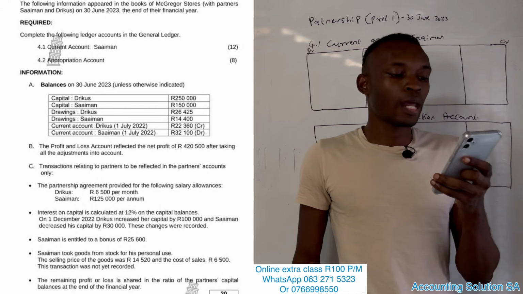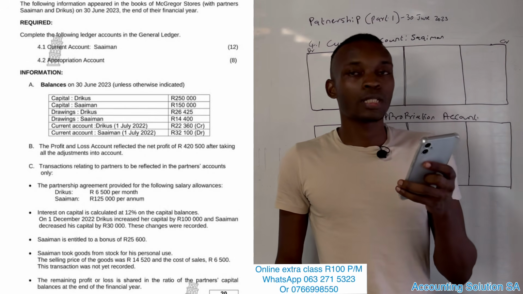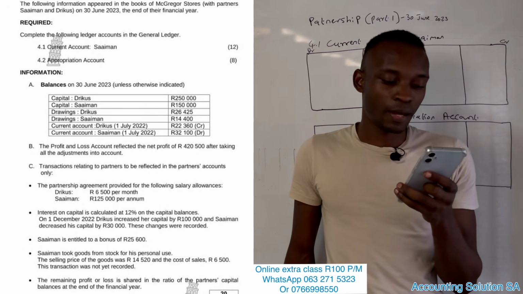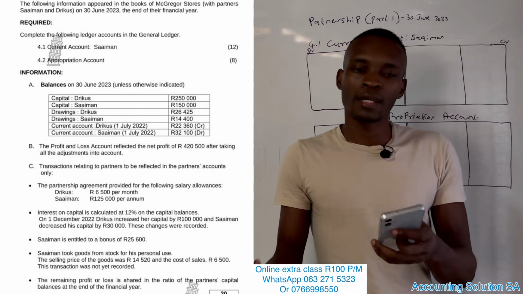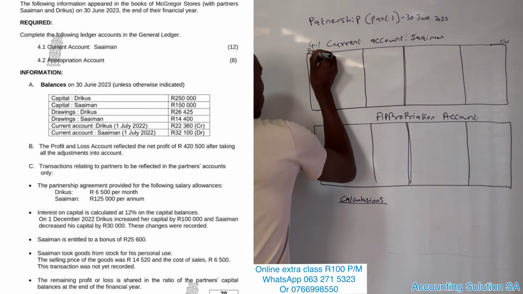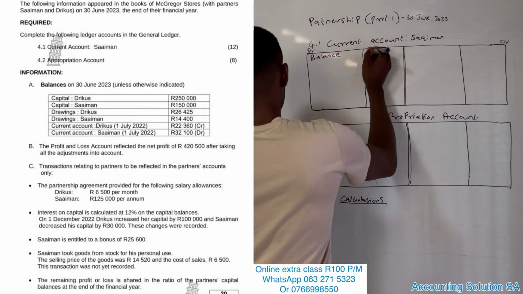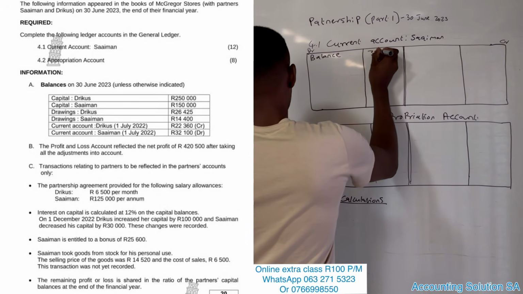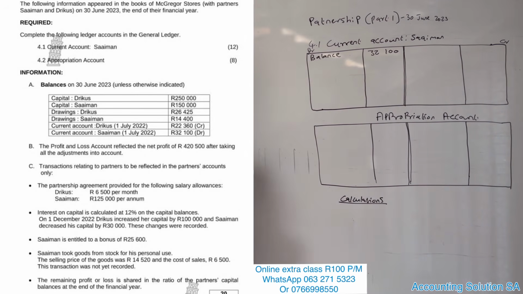If you check the current account under number A, for Simon it was indicated that it is debit, but for Drinkers it was credit. Here today we are going to use a debit balance because it is indicating DR of 32,100. Okay, that's the first step.